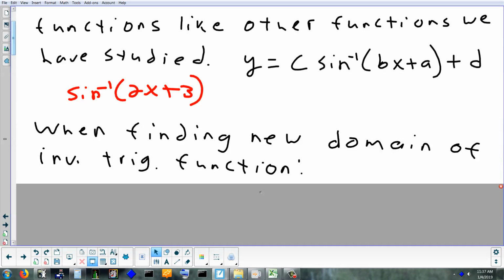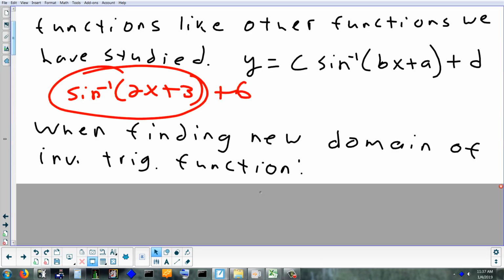All right, so what we want to be able to figure out is when you do a transformation, what happened to the domain and what happened to the range here? Well, the 2 transformations that I did right there, did they affect the domain or the range? It was a horizontal shift and a horizontal stretch or compression, really. That affects the domain. Horizontal is left and right. Left and right is the domain. I didn't alter the range at all here.